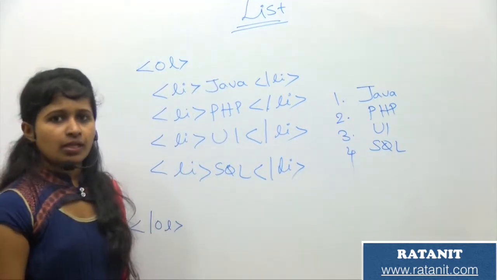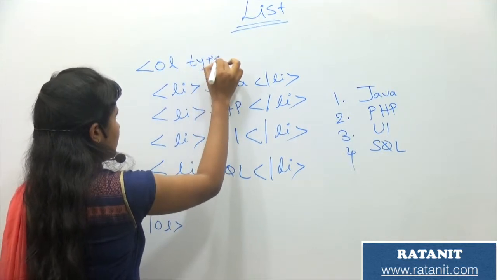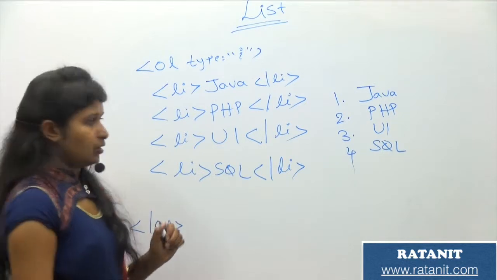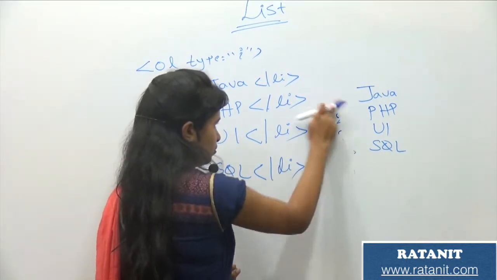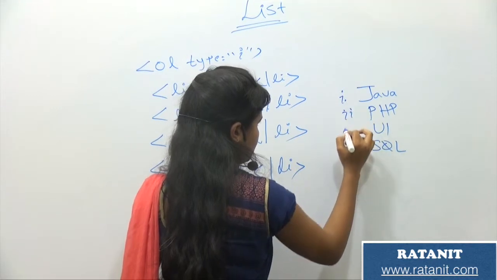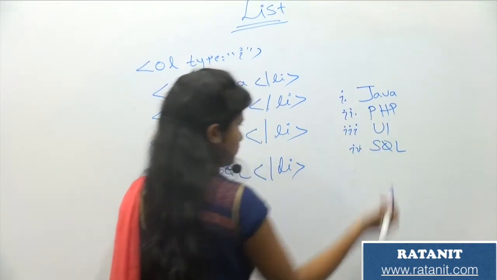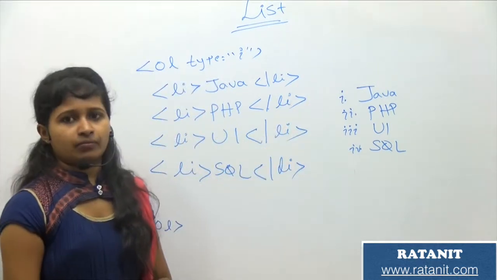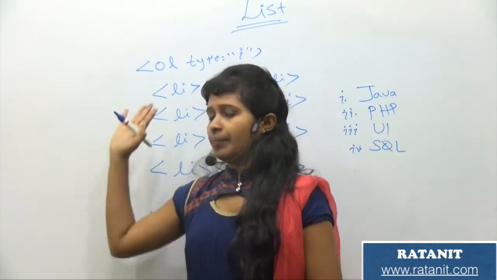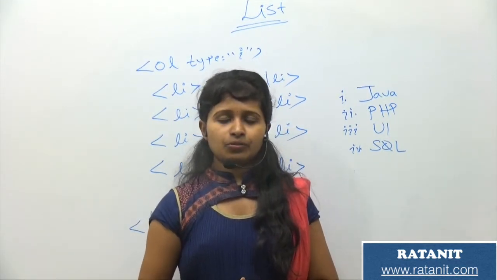Let us suppose I am giving my type as Roman I, then it will be changed to Roman way. Now you understood how we are implementing ordered list in an HTML web page.